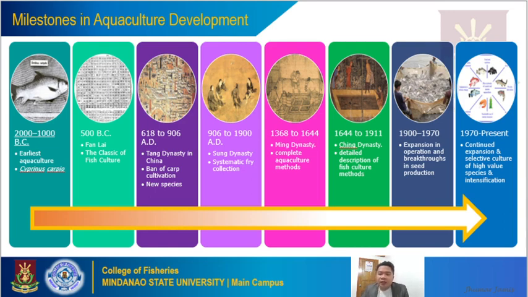There were already interventions on selective breeding, selective culture, and the cultivation of high value and exportable species, and intensification of aquaculture is already being employed due to high demand for these aquaculture commodities. So all in all, those are the milestones of aquaculture development.